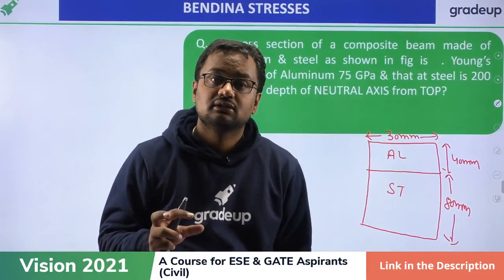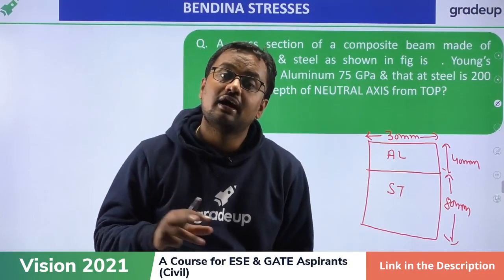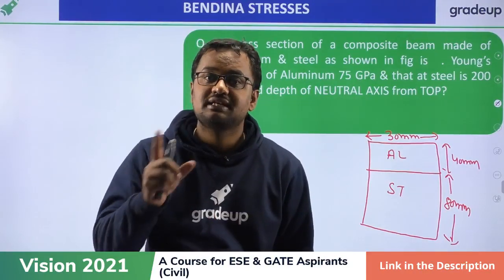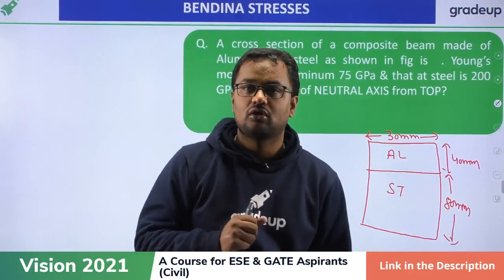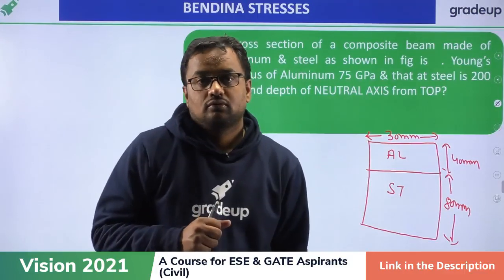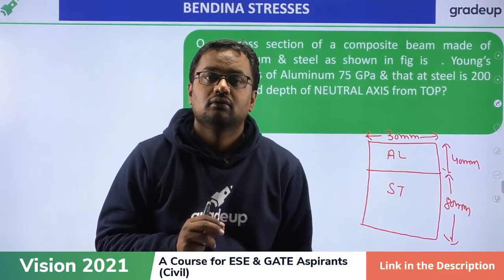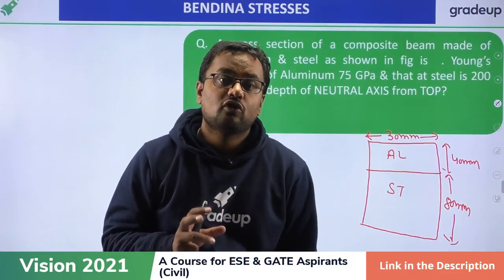Homogeneous section means the whole beam is of single material. I am repeating, Sumit, don't worry. The neutral axis is at the centroid, and that is applicable for homogeneous beam.